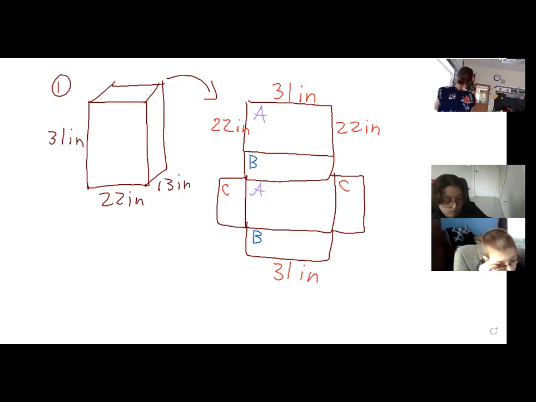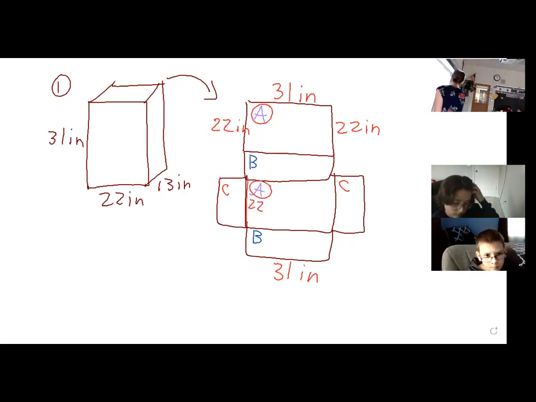So what other rectangle, the one that is labeled the same as this one's an A rectangle. So which other rectangle has the same dimensions? The other A one, right? So this one has the same dimensions. If 22 is the length from here to here, then would you agree 22 is also the length from here to here? Yeah, so let's go and label a little bit more.